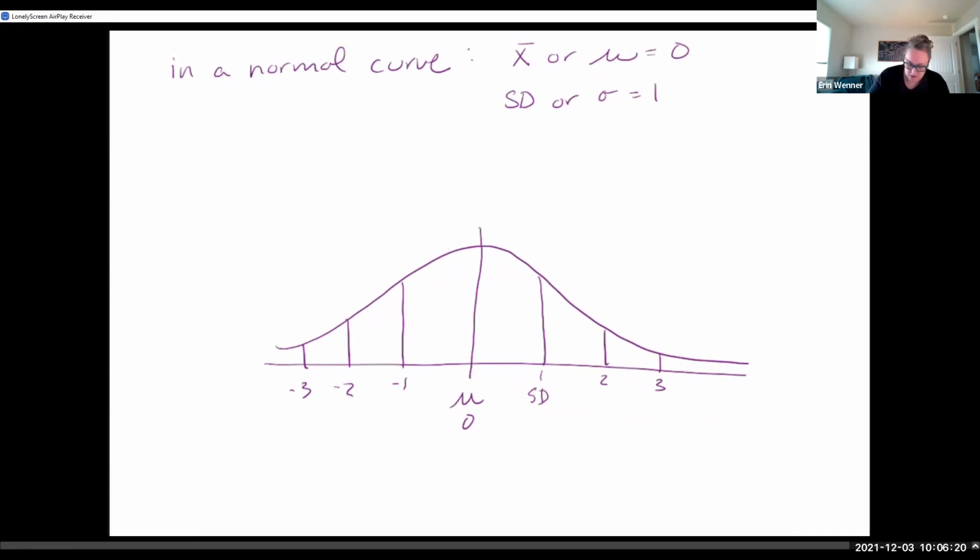And then we have these things that we found: z-scores. The z-score is equal to the standard deviation on a normal curve.